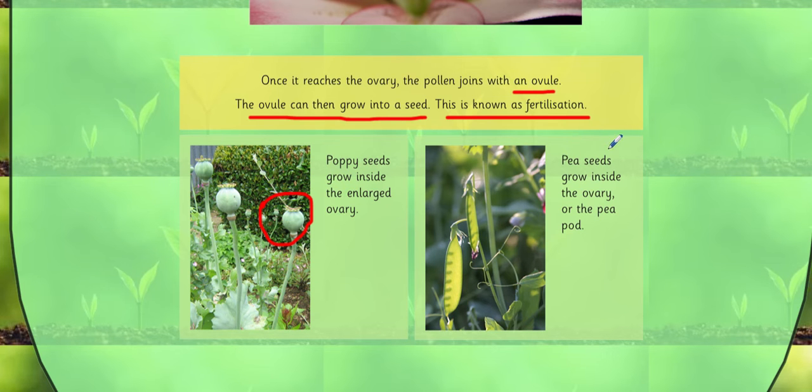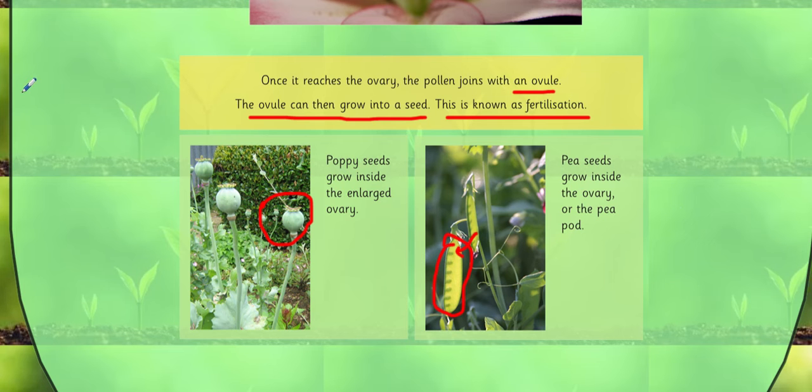And pea seeds grow inside the ovary or the pea pod. So inside each pod here, you can see these are actually seeds. We obviously eat those. Okay, so peas are actually seeds in a pod.